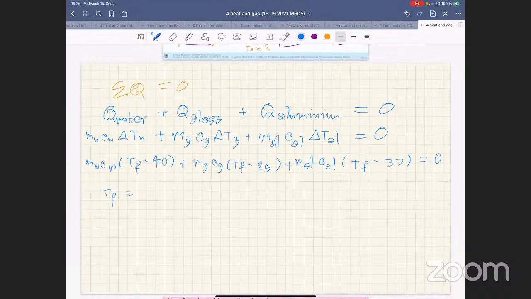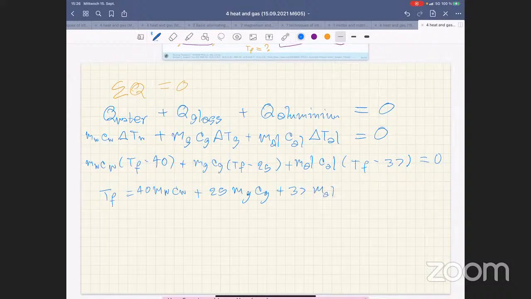TF is going to be MW, right? And CW times 40, right? 40 and plus 25. M of the glass, the C of the glass, and plus 37.